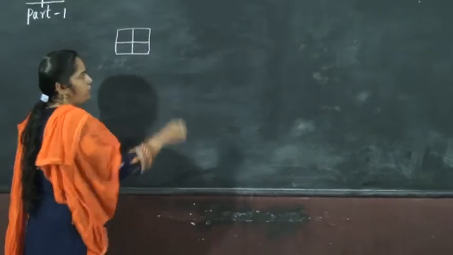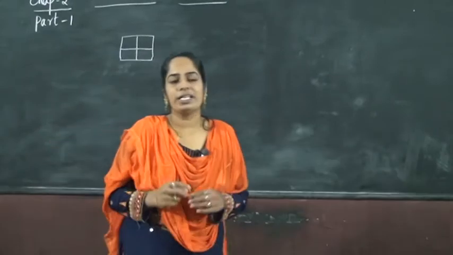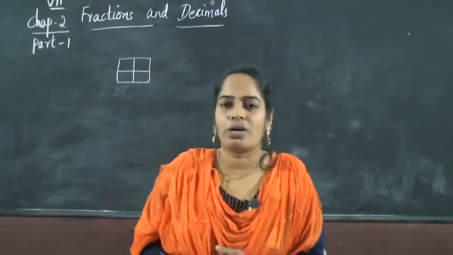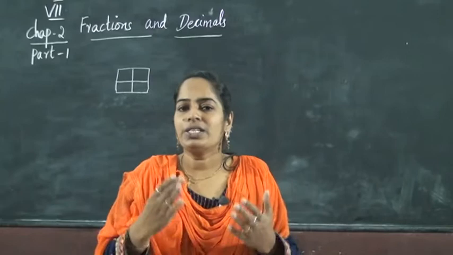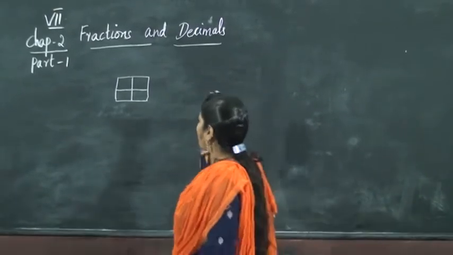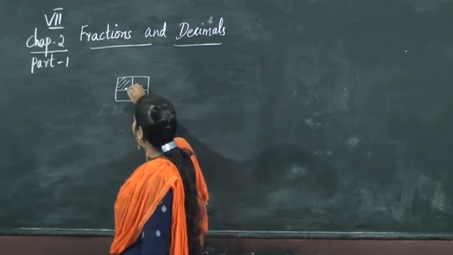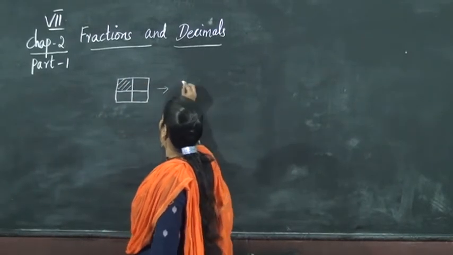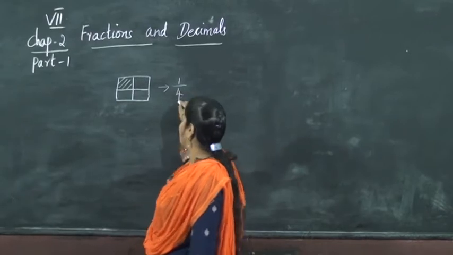When there is a figure like this, cut into 4 equal parts, a square, or a chocolate for you, and if I shade one of the parts, we will say this is 1 by 4.